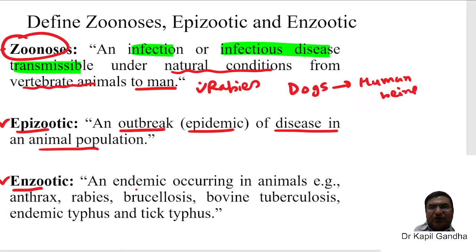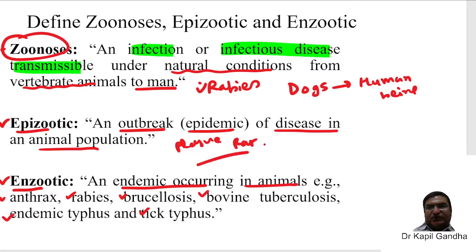What about enzootic? It is an endemic occurring in animal. For example, anthrax, rabies, brucellosis, bovine tuberculosis, endemic typhus or tick typhus. These are all examples of enzootic. But in case of plague in the rat population, to start with, it is termed as epizootic.